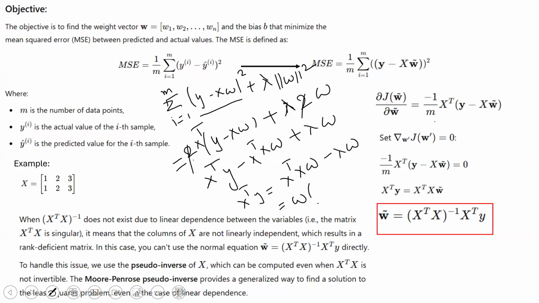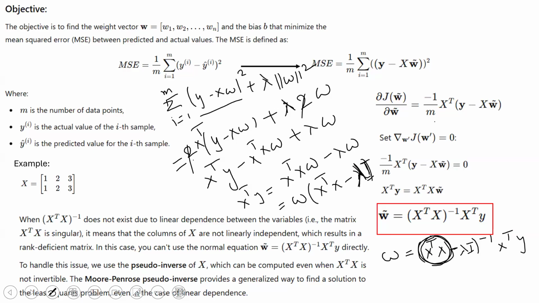I'm taking w common. This comes down to X transpose X plus lambda. Now, as these are matrices, I can add I to this. So now w with ridge regression will become (X transpose X plus lambda I) inverse into X transpose Y.